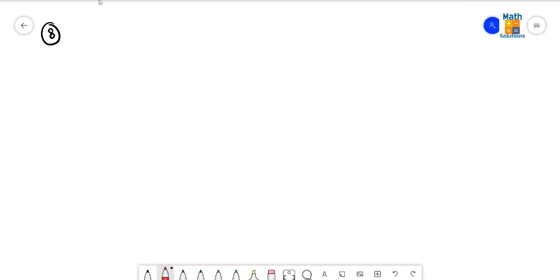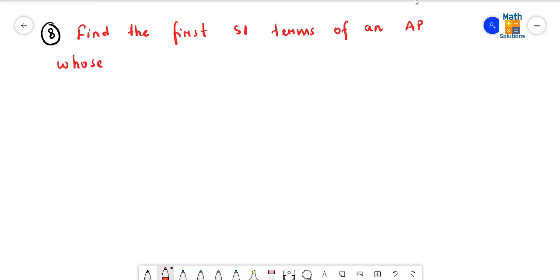Find the first 51 terms of an AP whose second and third terms are 14 and 18 respectively.